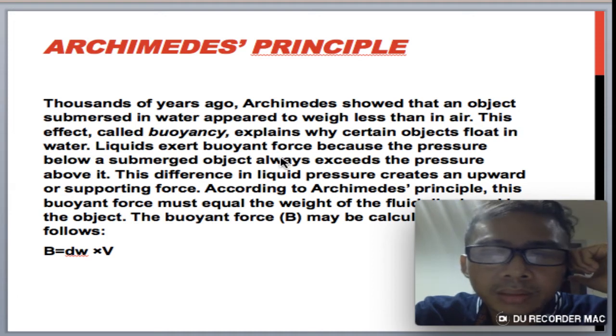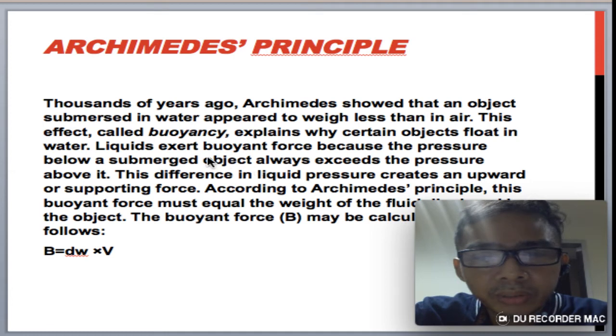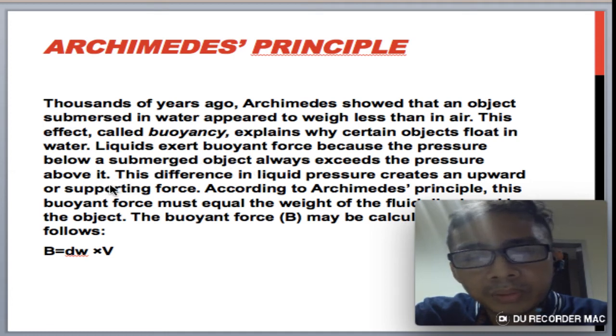Liquids exert buoyant force because the pressure below a submerged object always exceeds the pressure above. So there will be an opposite pressure, no? So that's what we call buoyancy.